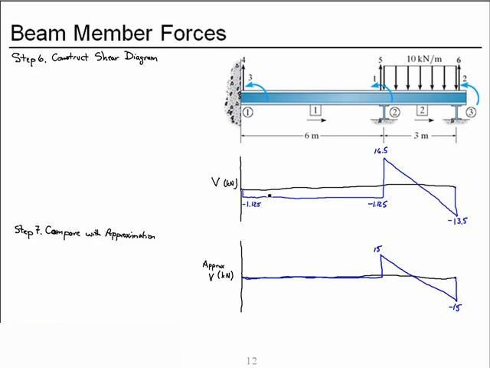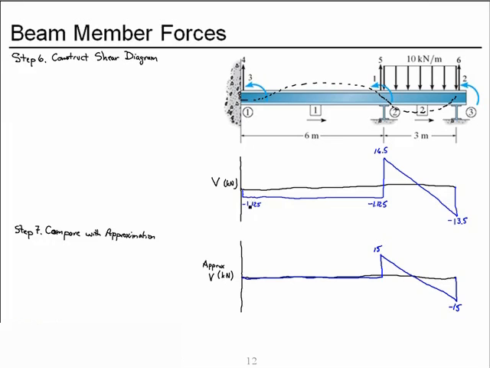And as we compare these, remember when we drew our anticipated elastic curve or deflected shape, we said that there will probably be a small downward force at node 1, degree of freedom 4. Therefore, we expected the shear to not be exactly 0 as our approximation indicated, but to be a small negative quantity.